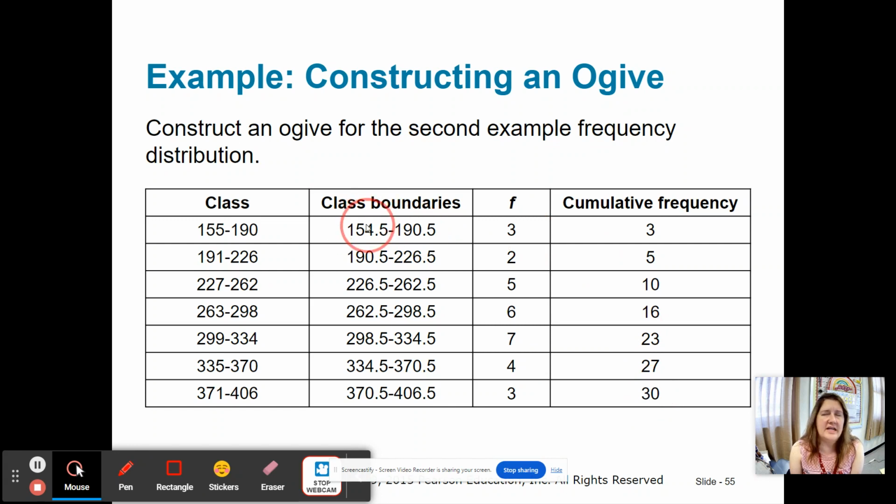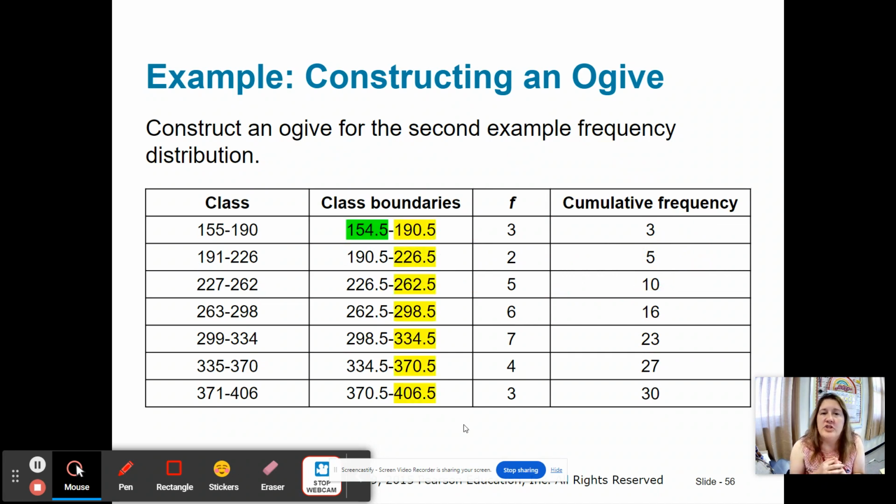Because technically in our data, if we started with 154.5, there are no data values that have 154.5 or lower, because cumulative is what happens to you now and below. And there's nothing in the data that represents that. But once we hit 190.5, we've reached 3 data values. Then when we get to 226.5, we've now reached a cumulative 5 data values.